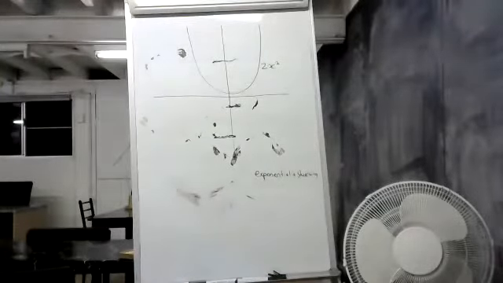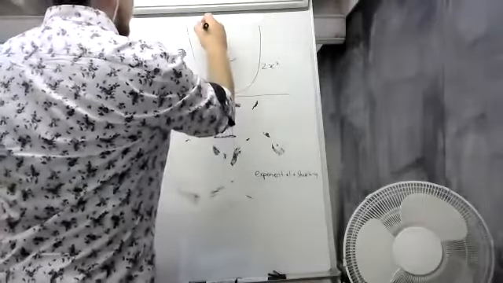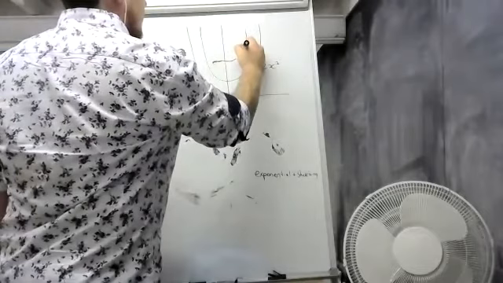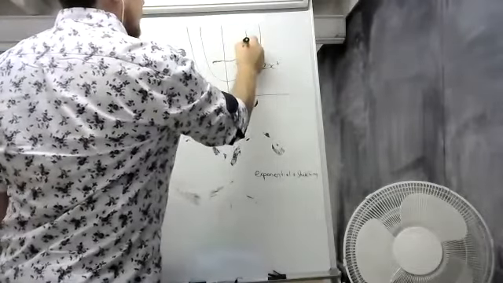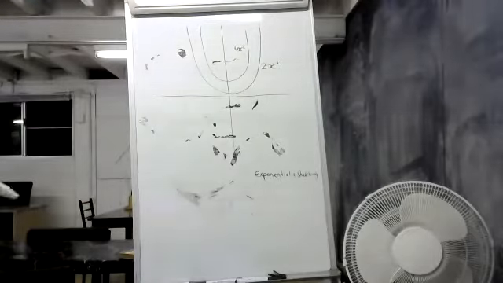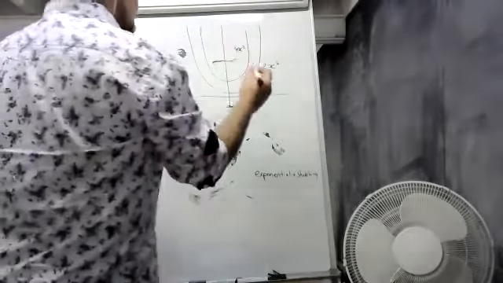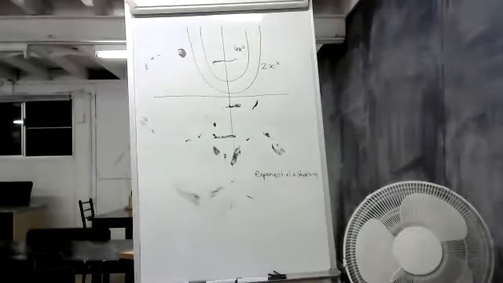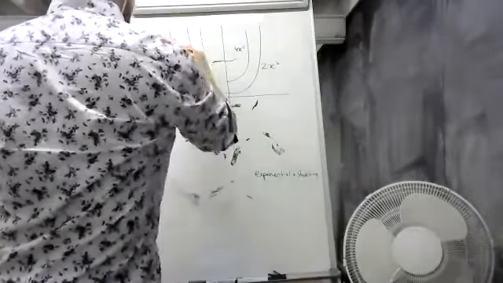So if I were to increase this to 4x squared, it would squash the curve inwards. What if I decrease to, say, half x squared? It'd get wider. Yeah.